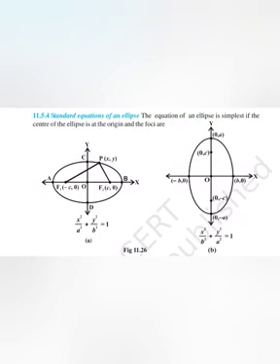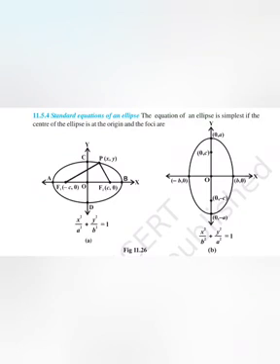Or we can say that if the denominator of x² is greater than the denominator of y², then the major axis is along the x-axis and the minor axis is along the y-axis.